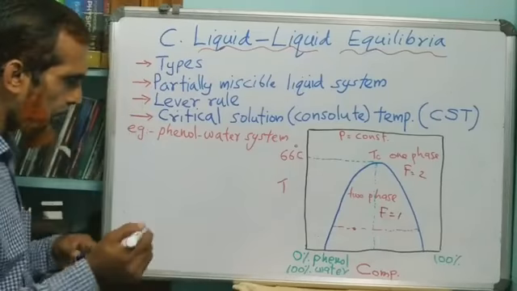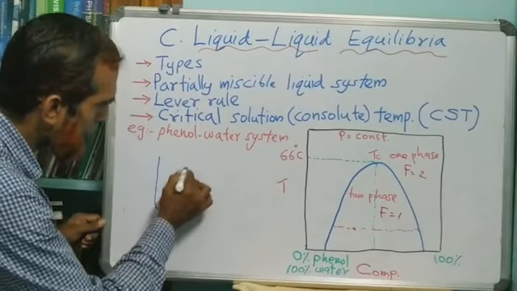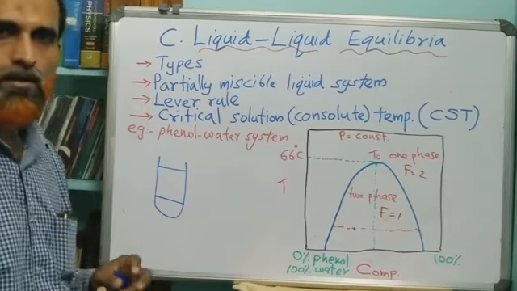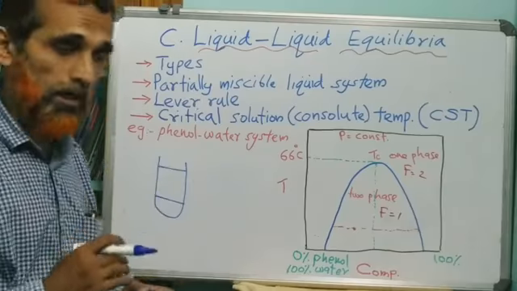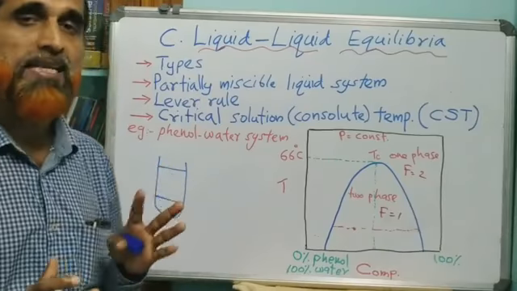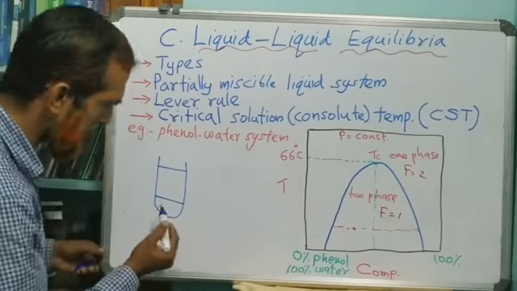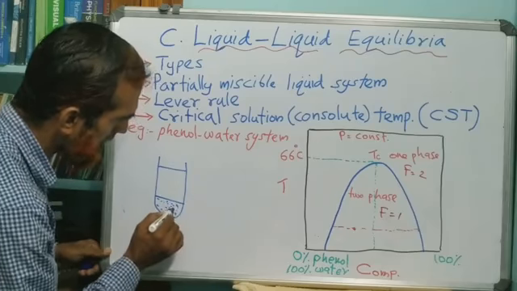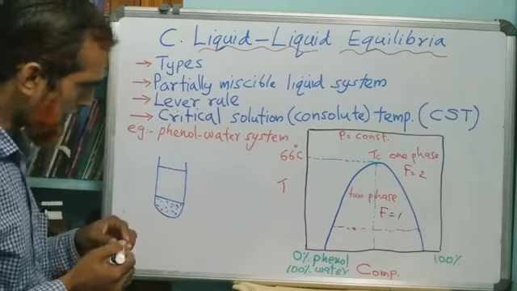I have told you already that when a reasonable amount of phenol is added to water, it will separate into 2 layers and you will have a conjugate solution. So this is the water in phenol layer and this is the water layer, right?